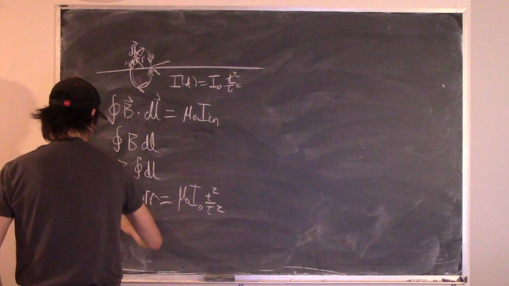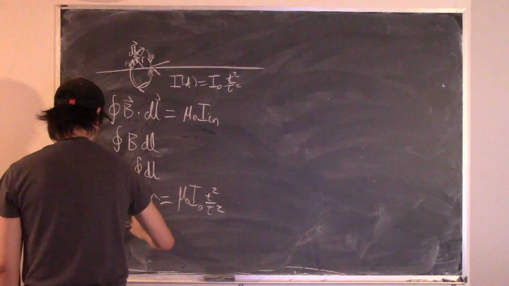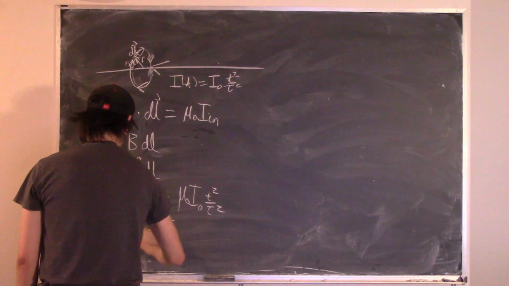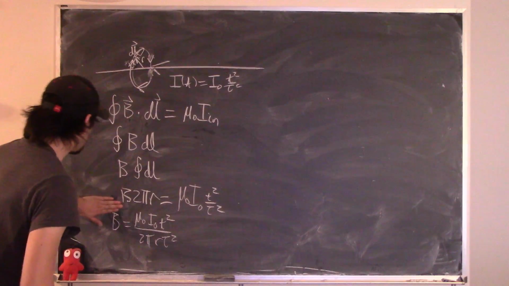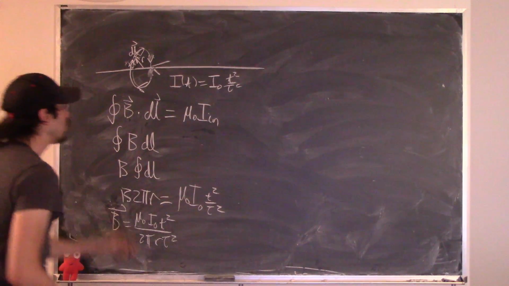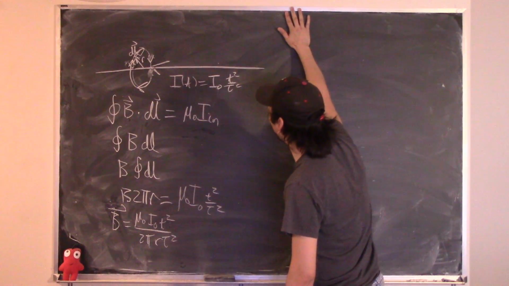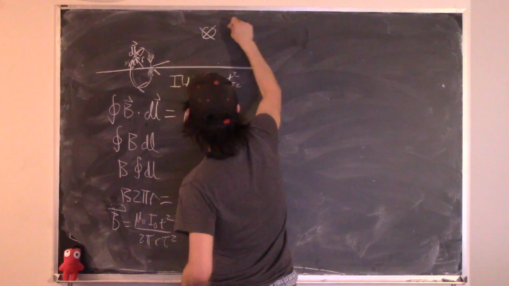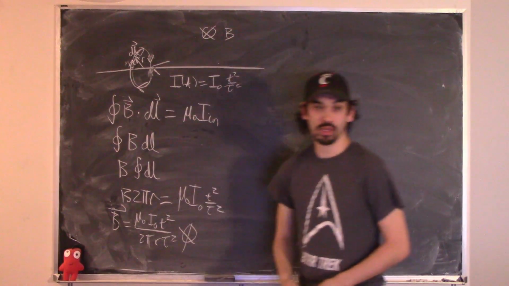Then I can solve for B by dividing both sides by 2 pi r, so B is equal to mu naught I naught t squared divided by 2 pi r tau squared. Because I want to make this a vector, and I want to know what the magnetic field is in the plane of the board above the wire, this is just going to be pointing in.